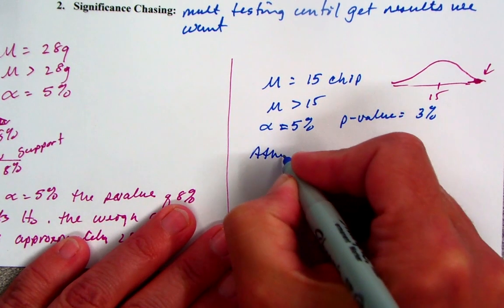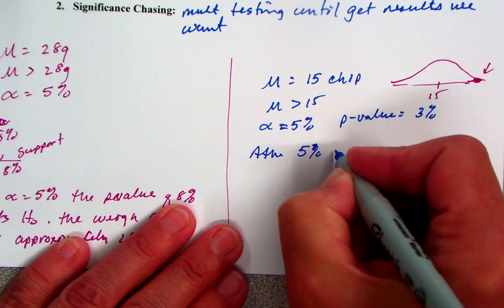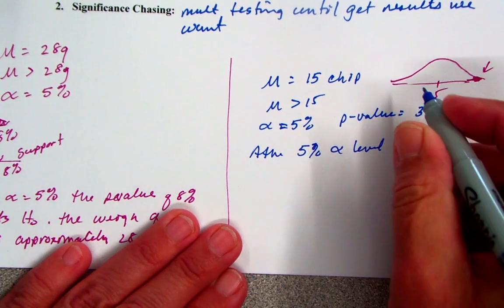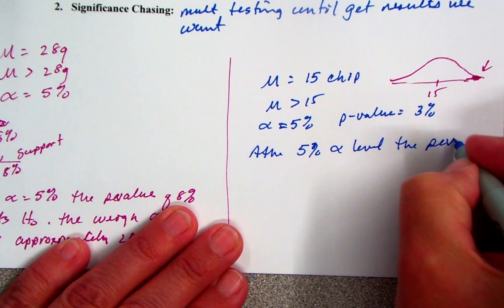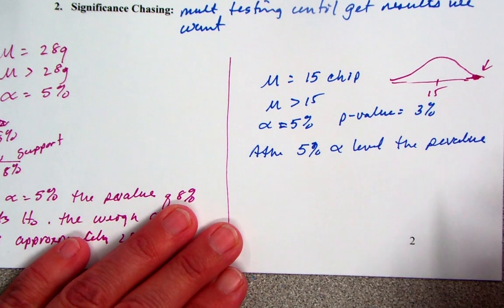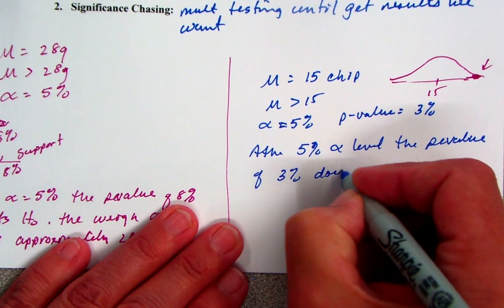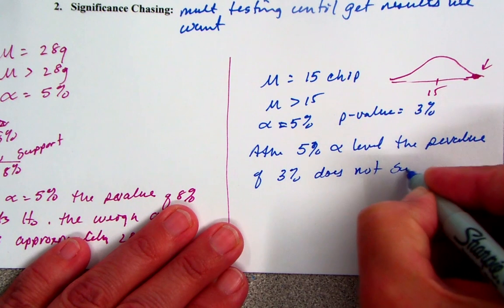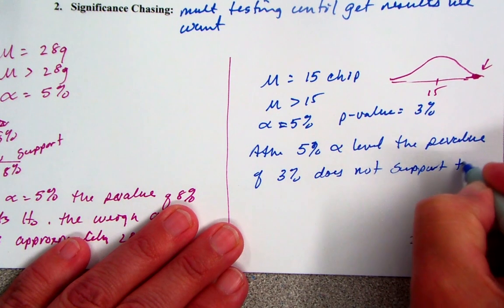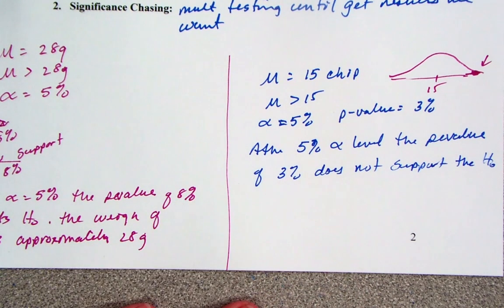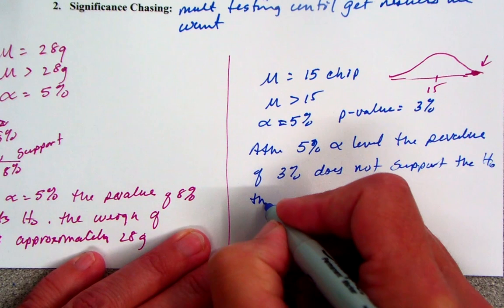At the 5% alpha level, you want to report all of these, the p-value of 3% does not support the null. Okay, so what does that mean?